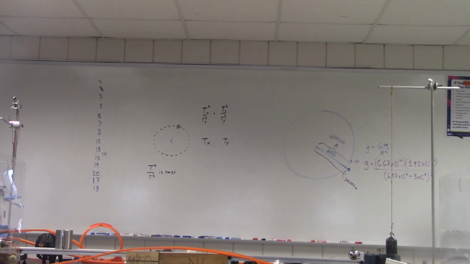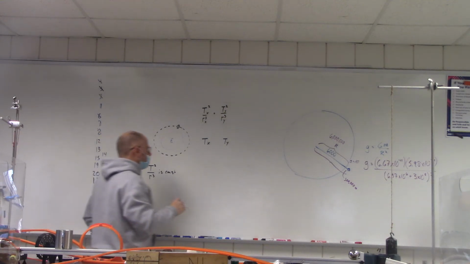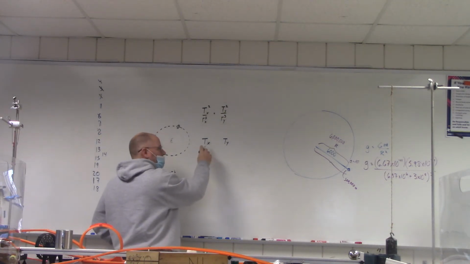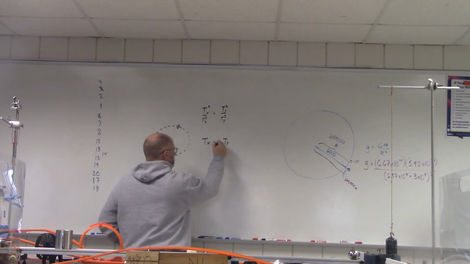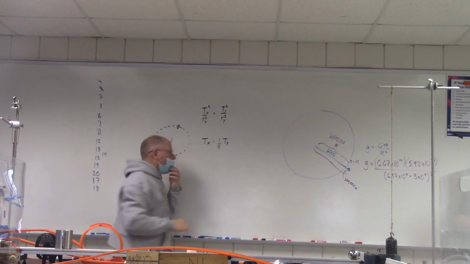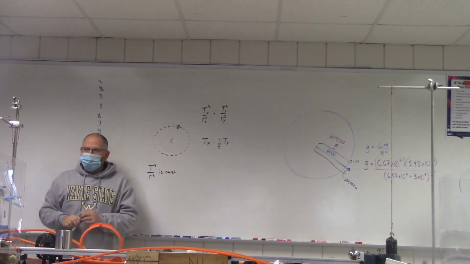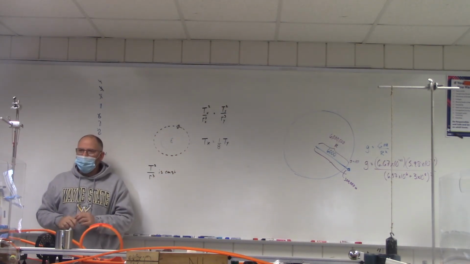If X is going faster, what should be true about the time it takes for it to go around once? It should be smaller. If you're going faster, then it's less time. So the time for X is less than the time for Y. Buy that or no?